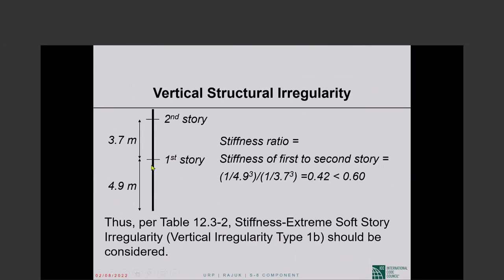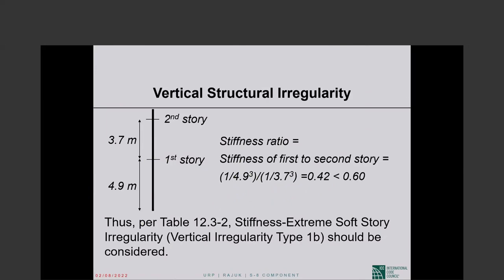So the bottom story is 4.9 meters, the next story 3.7 meters. The stiffness ratio is 1 over 4.9 cubed to 1 over 3.7 cubed, and that is 0.42. That being less than 0.6, we have an extreme stiffness irregularity type 1B.